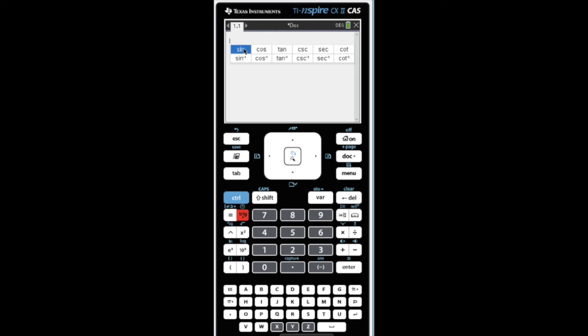To be able to use sine, cos or tan, you can type SIN using the keypad, or you can press the trig button and then a little menu will pop up and you can select sine or cos or tan. You can also select a few other things which we'll talk about later.